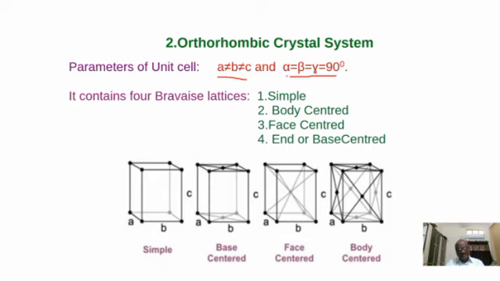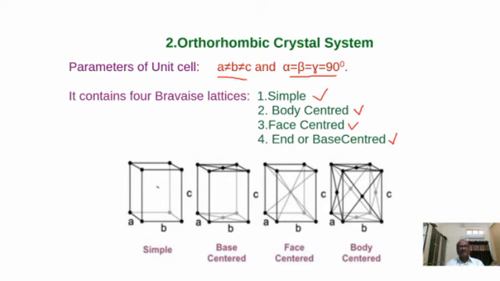This crystal system is observed in 4 forms: primitive unit cell, body-centered unit cell, face-centered unit cell, and end or base-centered.